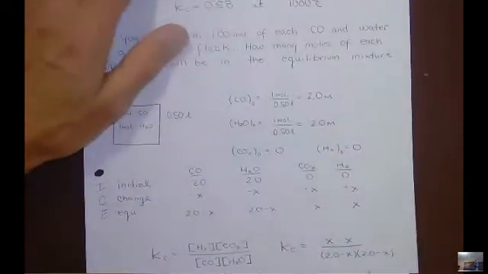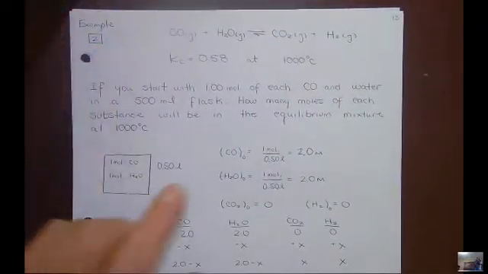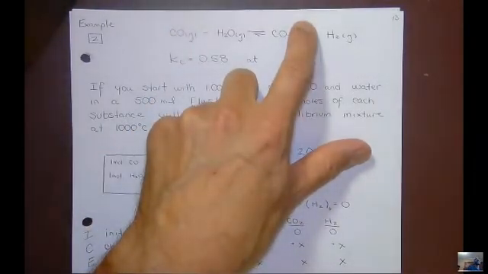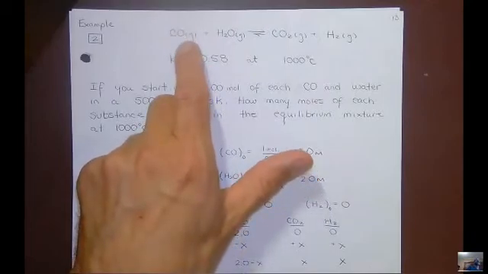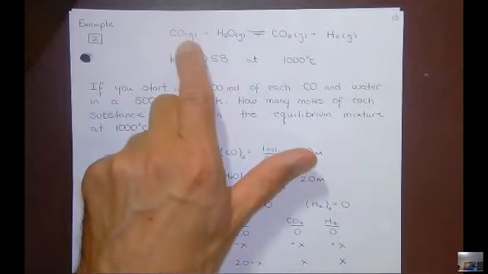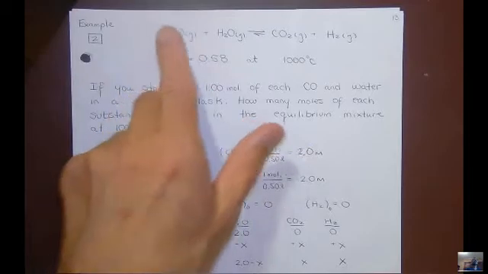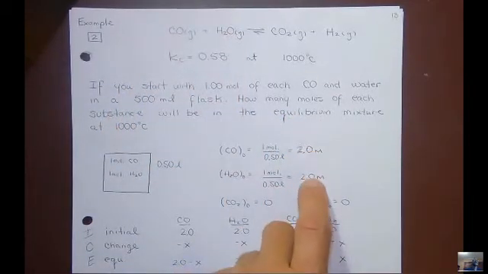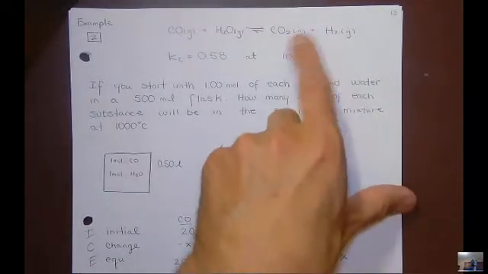Okay, now we go back up to the top and ask ourselves what's going to happen. Well, we don't know how far this reaction is going to go to the right. Okay, we know the equilibrium constant, so I need to put in a placeholder for my stoichiometry, and my placeholder is going to be x, right? And then I'm going to solve for x. So x, since we know it's going from left to right, because I only have these reactants, I don't have any product, nothing can't react with nothing, right?